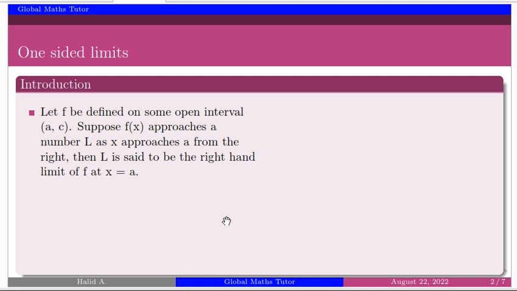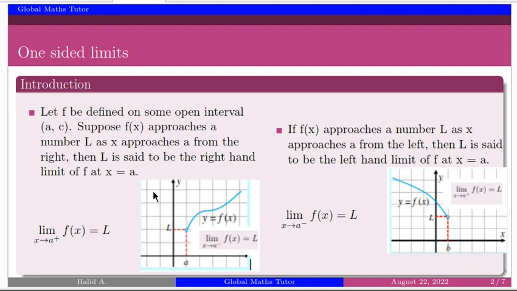First, let's understand what a one-sided limit is. A one-sided limit means finding a limit from the right side or from the left side, that is, as we approach from the positive side or from the negative side. If we approach a from the positive side, we call it the right-hand limit of f, and denote it by the limit of f of x as x approaches a from the positive side.